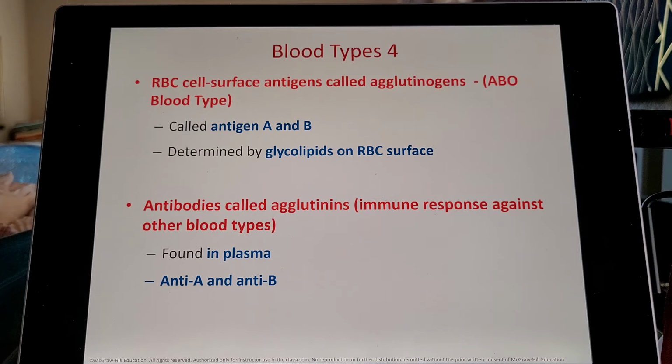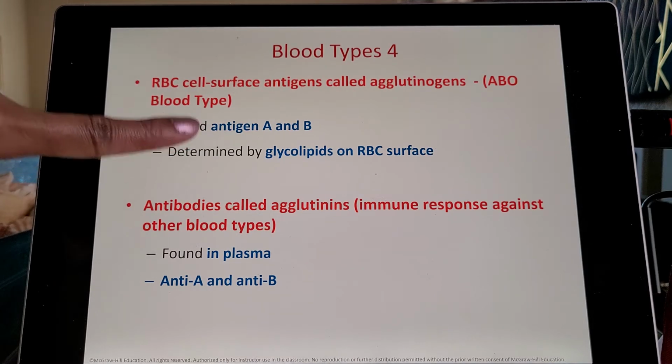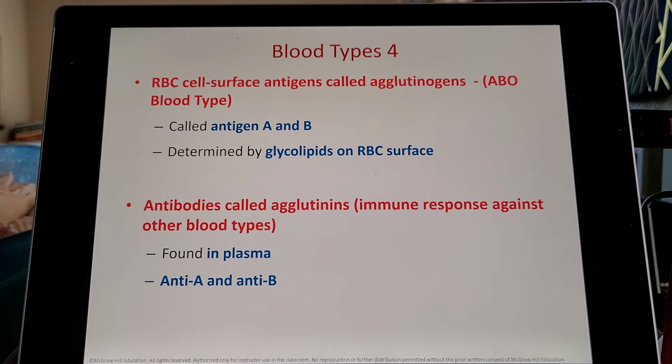Okay, so for our ABO blood type, the cell surface antigens, again called agglutinogens, we have one for antigen A, one for antigen B, and depending on what combination or lack of markers determines whether you have the other two in our blood typing.